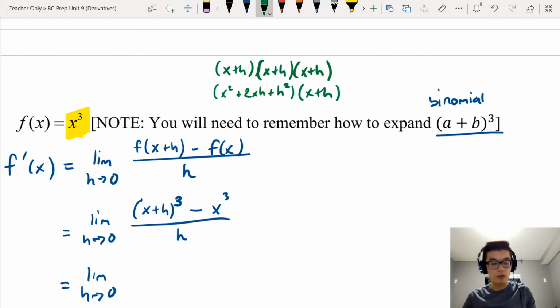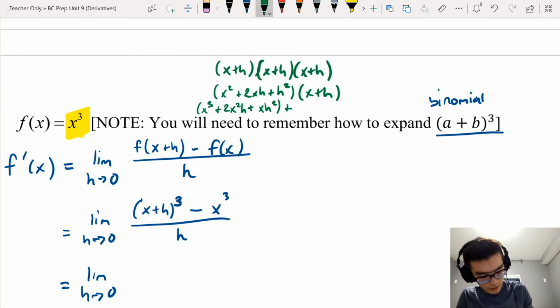And so now we have to do distribution of the 3 terms on the left side to the 2 terms on the right side. So, as annoying as it's going to be, we get x cubed plus 2x squared h plus xh squared, plus, since we have the plus sign there, multiply everything by h: x squared h plus 2xh squared plus h cubed.